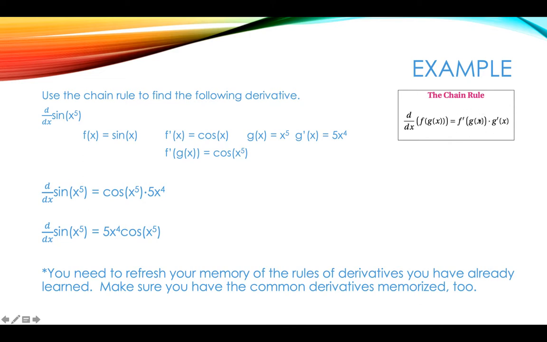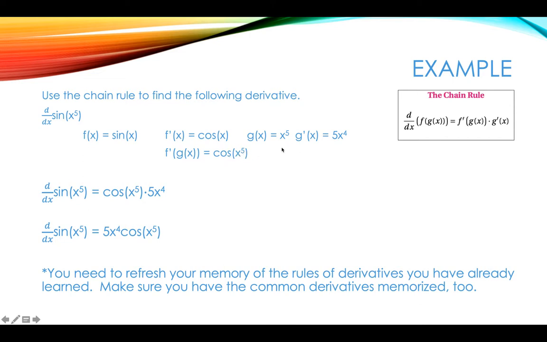So we need to look at the f prime of x, but substitute in the function rule for g of x, so that we have f prime of g of x. So f prime of g of x is going to be cosine of x to the fifth. Okay, so the rule for g of x is x to the fifth, so it is now the input.